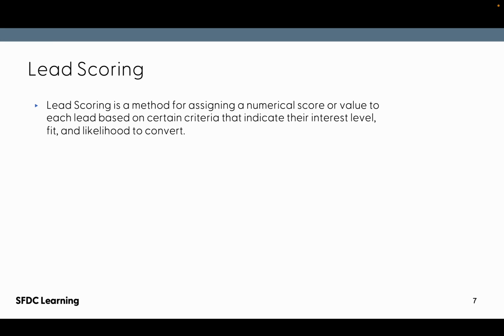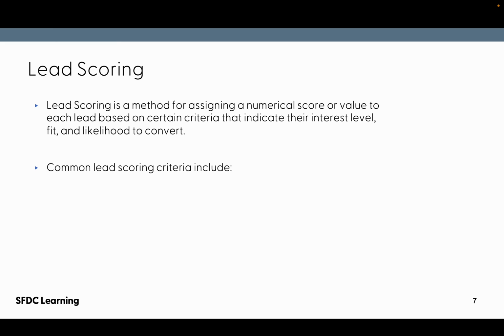Whether that person is a fit for us, we'll rate it high, and whoever is not interested we'll rate lower, right? And whenever we try to nurture the leads, we'll take the high scoring leads first, right? So that is lead scoring.